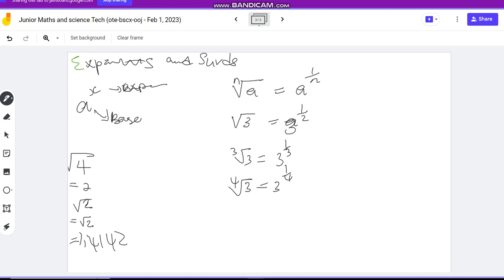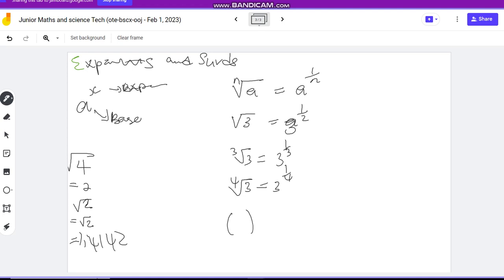So now after getting this, for the exponents, I'm still talking about surds, let's say that you come across a surd in an equation. For you to be able to remove a surd from an equation, you need to square it. Not necessarily square, but you need to place an exponent which is of the same root.